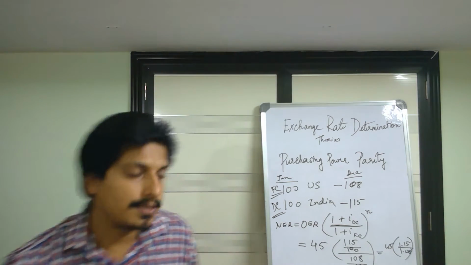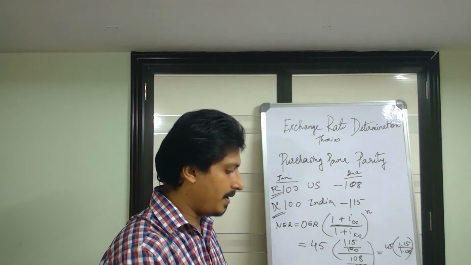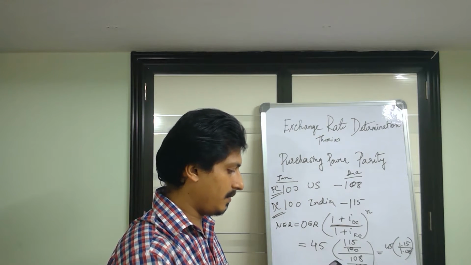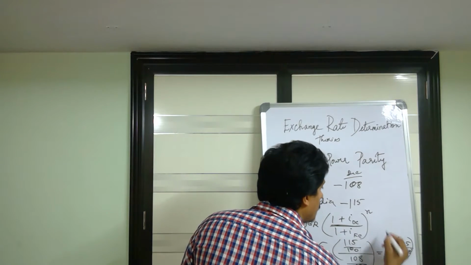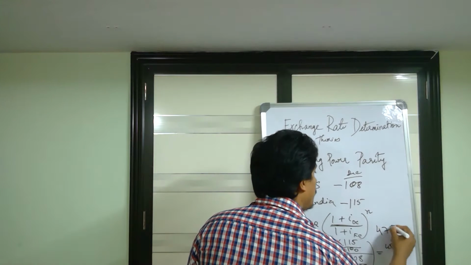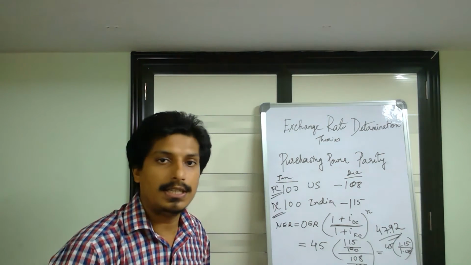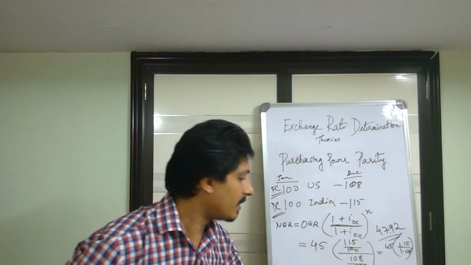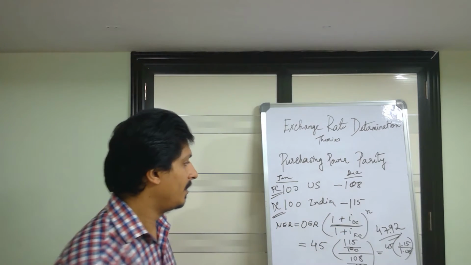What will be the answer? 1.15 divided by 1.08 is equal to 1.06 into 45. So the answer will be 47.92. This will be the exchange rate after 1 year according to the relative version of purchasing power parity theory.